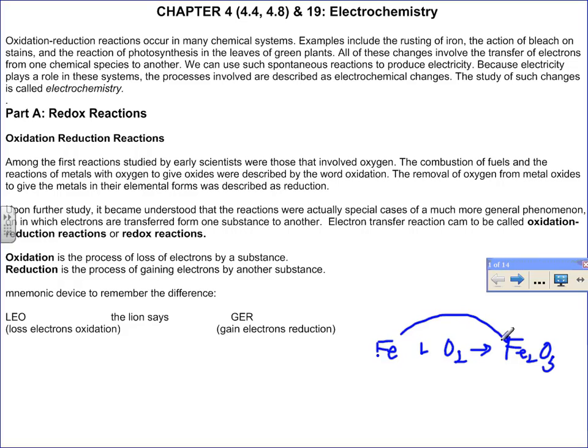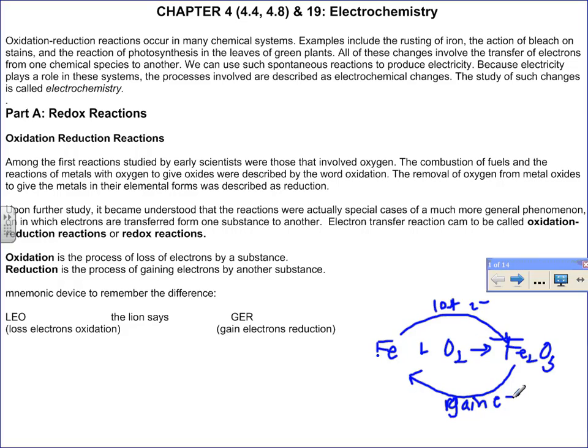The iron here is changing from having no charge to having a positive charge. And so in the process of oxidation, the iron has actually lost electrons. The reverse process, or removing the oxygen from the ore or from the rust, would involve reduction or a gain of electrons.